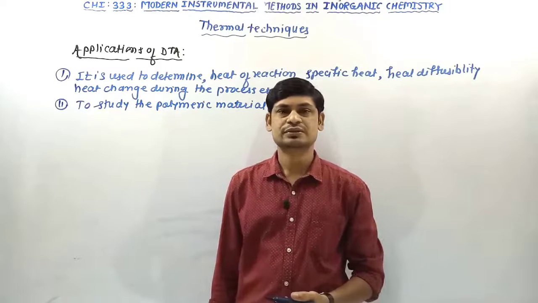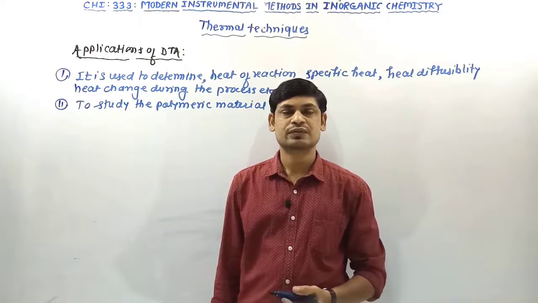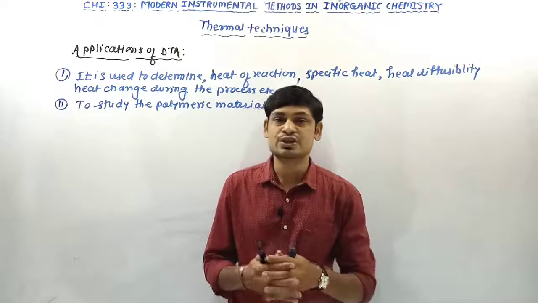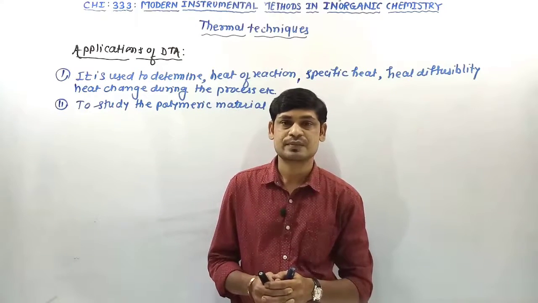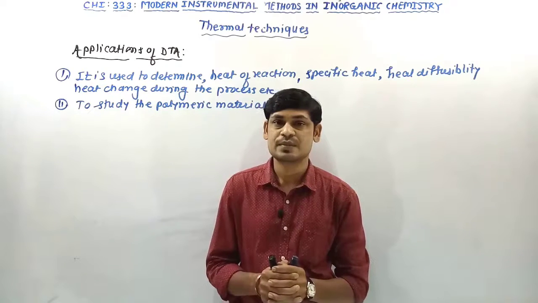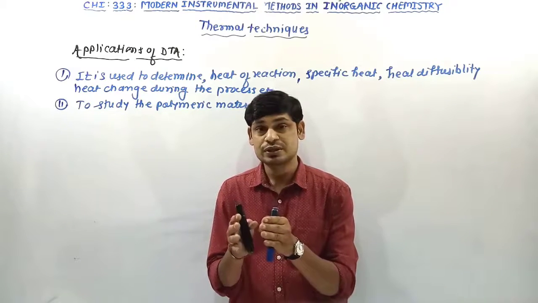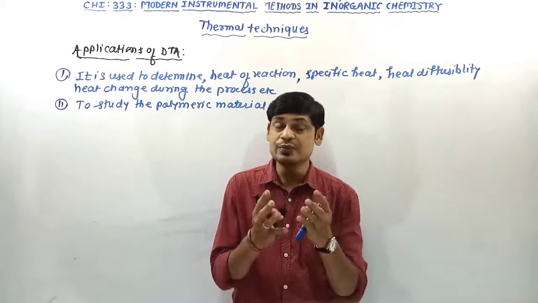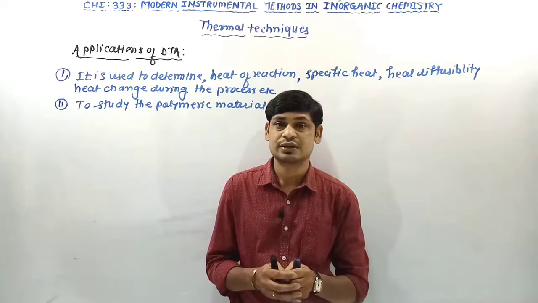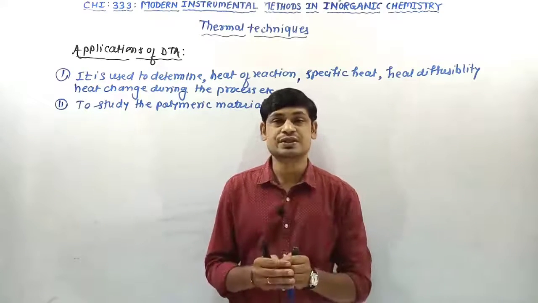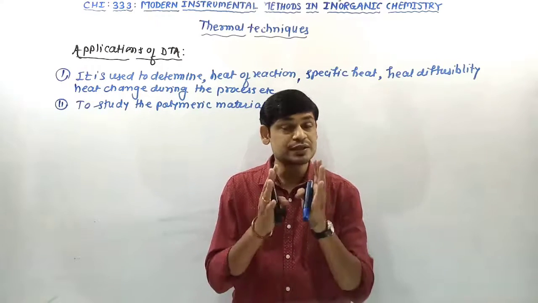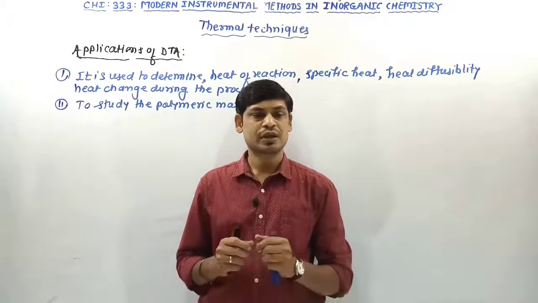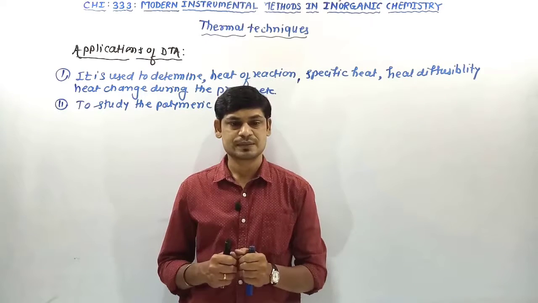For example, when the polymeric material is heated, it gets converted into elastomers at a certain temperature. Sometimes it gets converted into an infusible material. Melting point, temperature of crystallization, thermal stability, etc., can be measured by using differential thermal analysis.